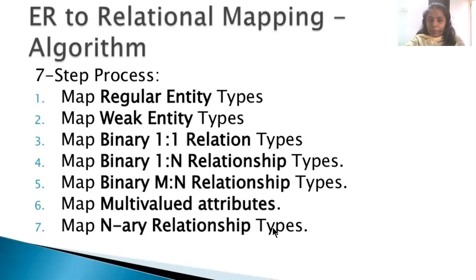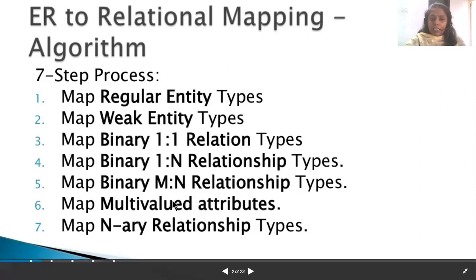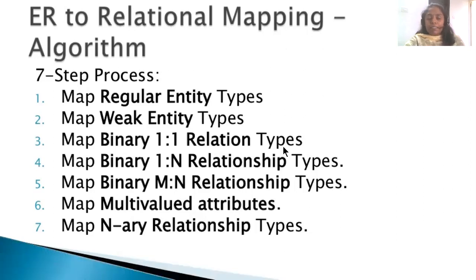Then the second step is to find out the weak entities in that ER diagram and convert them into the relational model. The third step is mapping the binary one-to-one relation type. In the ER diagram, we draw the relationships between the entities, correct?